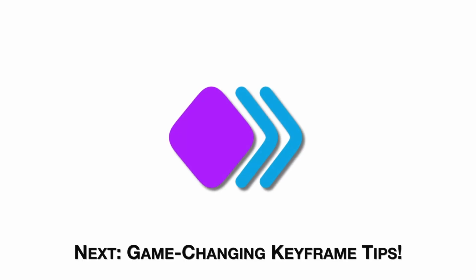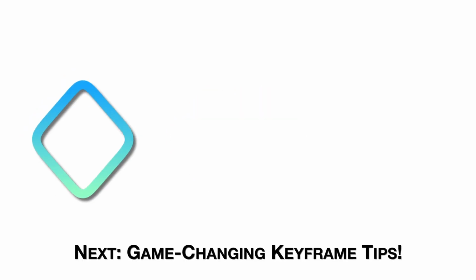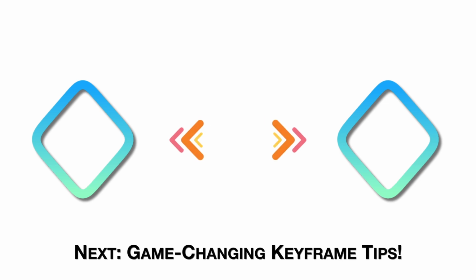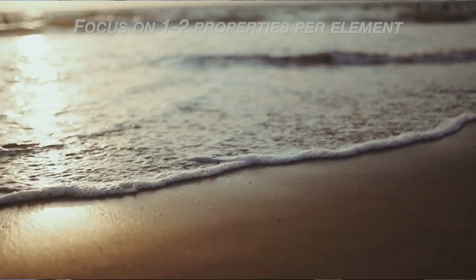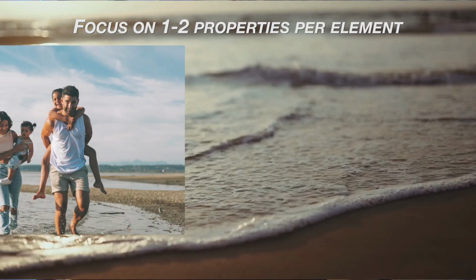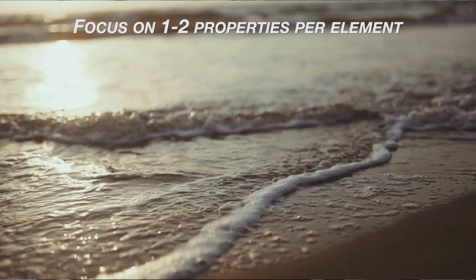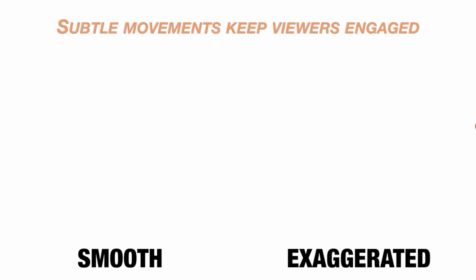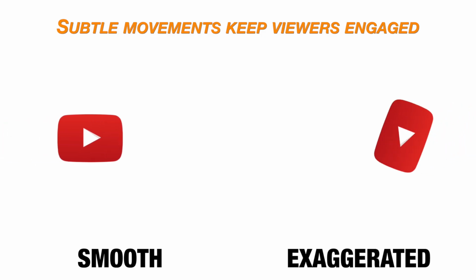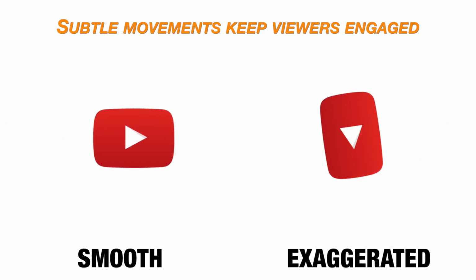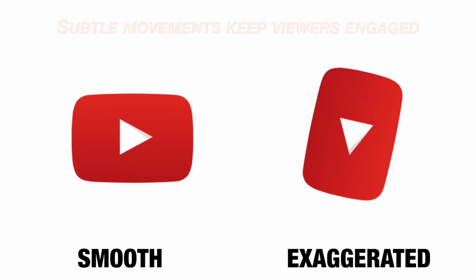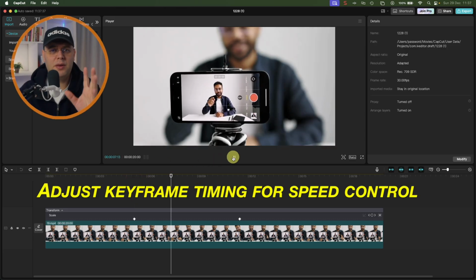Now if you want to master keyframes faster, here are some helpful tips to make the most out of them. First, start small. Don't try to animate too many properties at once. Focus on 1 or 2 effects per element. Second, keep it smooth. Use subtle movements because over-the-top animations can distract your viewers. Third, experiment with timings.